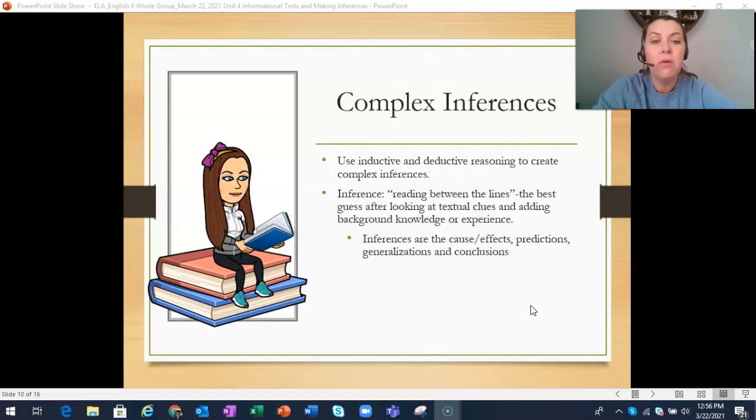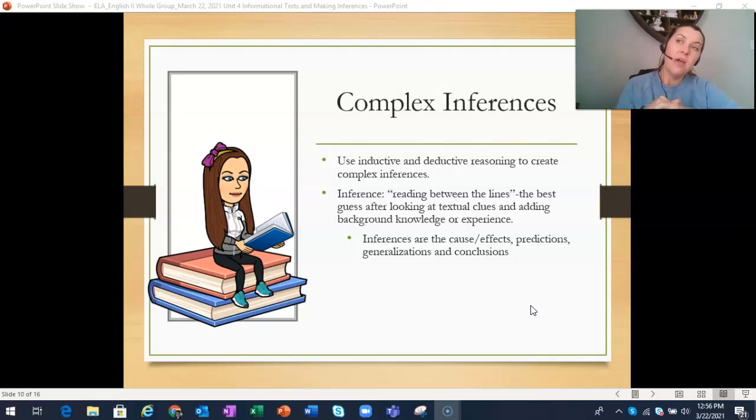So inferencing, or reading between the lines, is the best guess after looking at textual clues and adding some background knowledge or experience. Then we draw a conclusion. We make an educated guess about what's going to happen. So inferences are these cause and effect, predictions, generalizations, or conclusions.